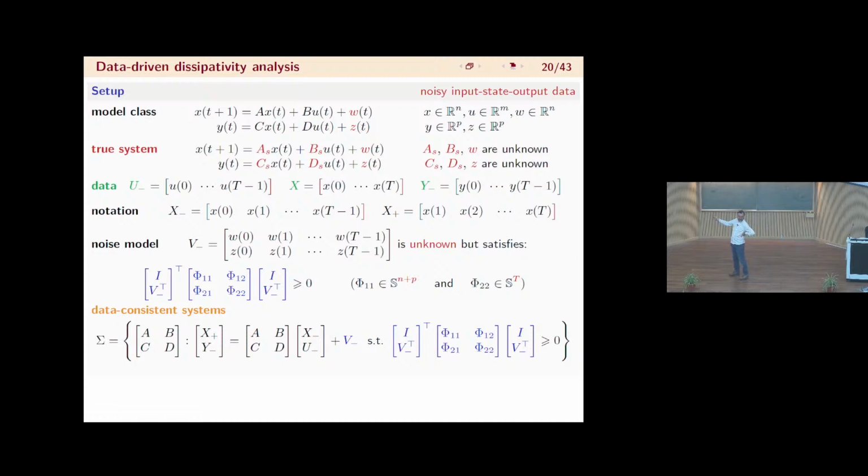Then the set of data consistent systems is going to be all A, B, C, D satisfying this linear equation for some V minus satisfying the blue quadratic matrix inequality. It's not that complicated, but it is a little bit different because this time C and D are also unknown.